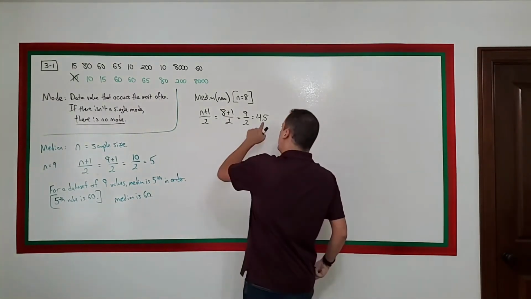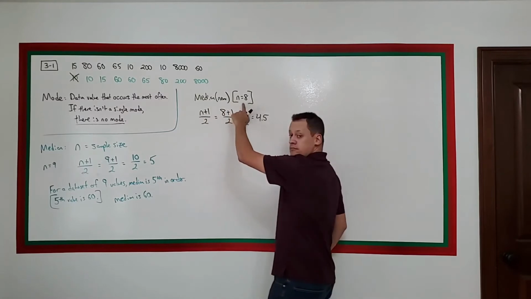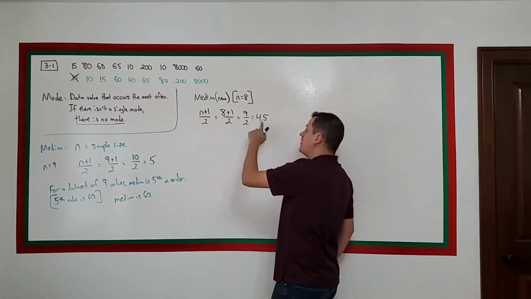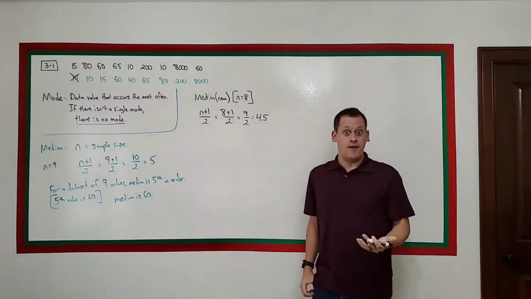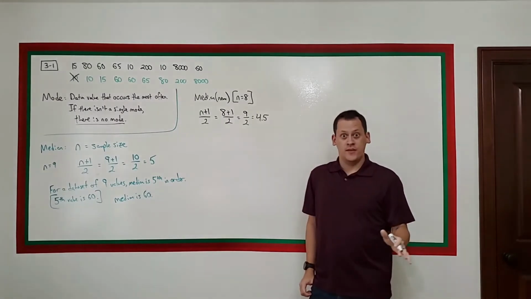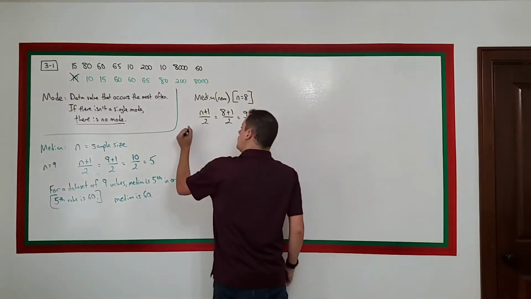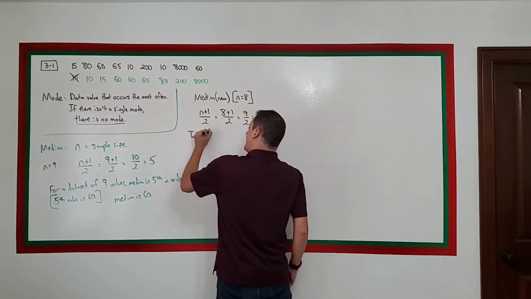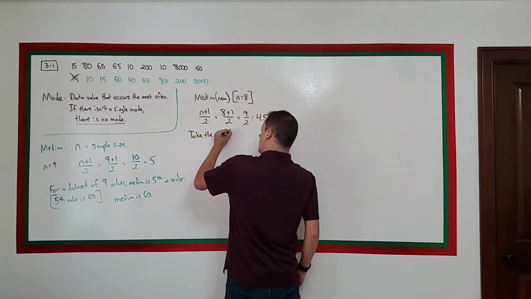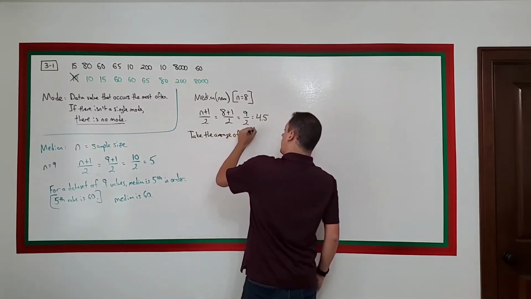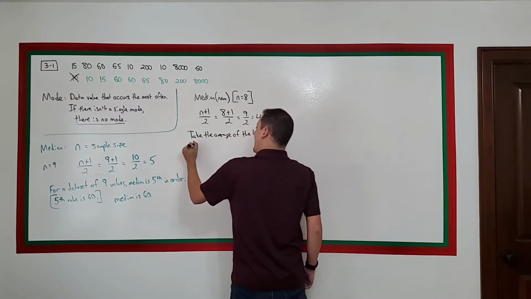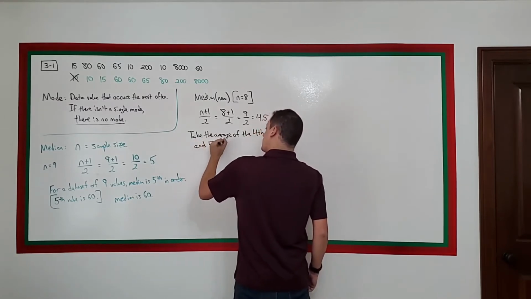Okay. If your n is even, this calculation is going to give you something .5 every time. What that means is you need to take the average of the 4th and 5th values.